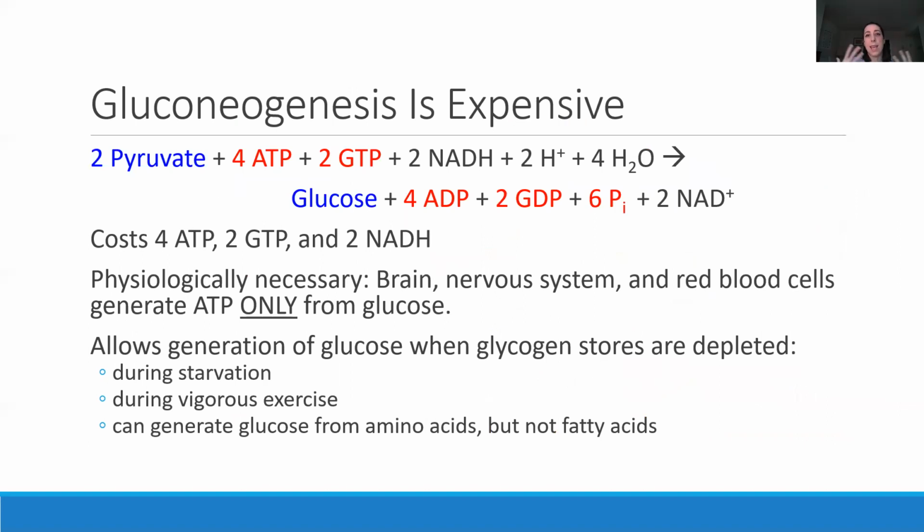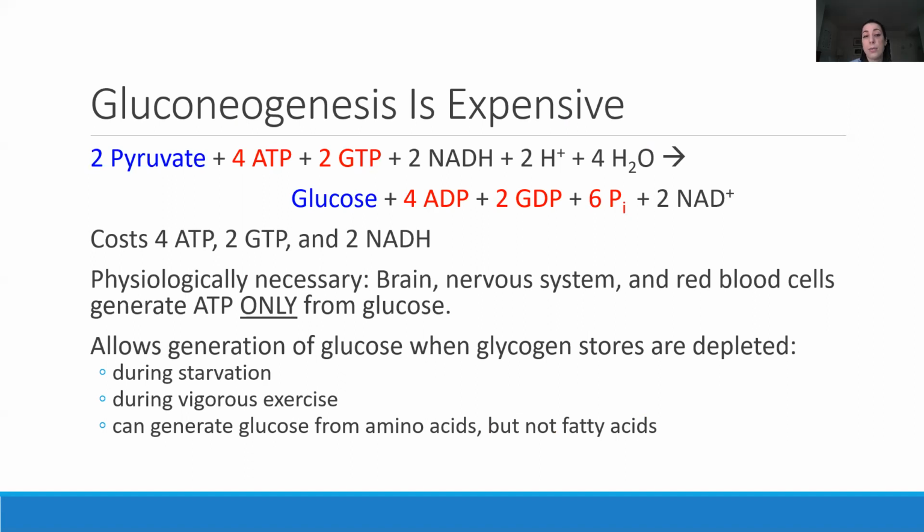So let's talk about the end product of gluconeogenesis. We read out our formula for glycolysis, but let's look at the total formula and energy spent using gluconeogenesis. So again, remember, we're going to be going the reverse, pyruvate to glucose here. This is in total going to be taking 2 pyruvate.